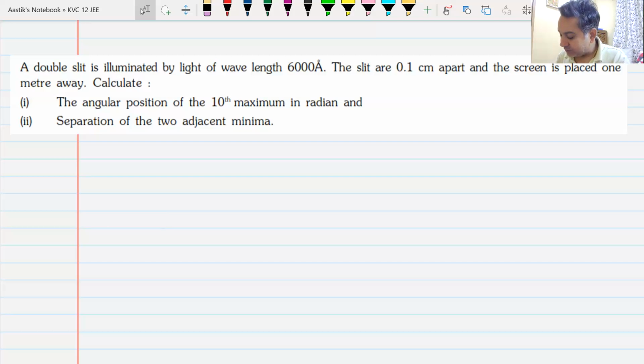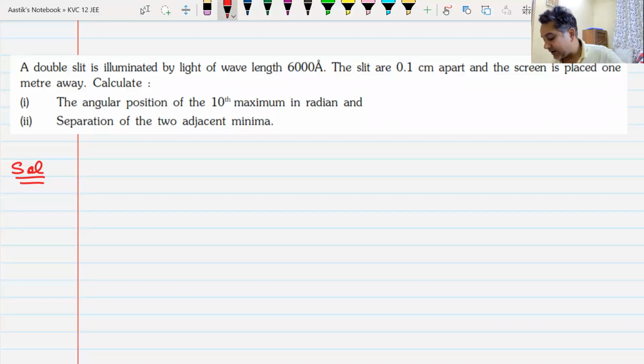When they're asking you the position of 10th maximum, basically they are asking you the angular width, the angle alpha of the 10th maximum. So angle alpha for the central one is lambda by d, small d. Yes or no? That is the angular position.